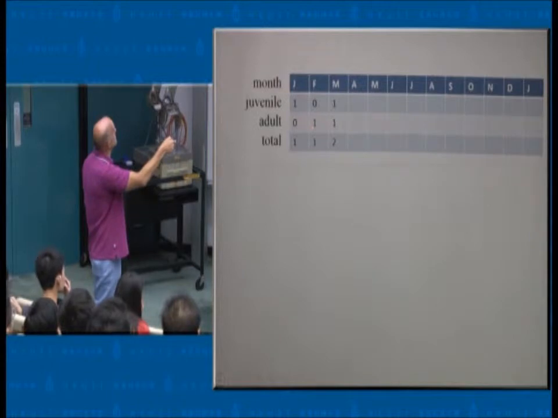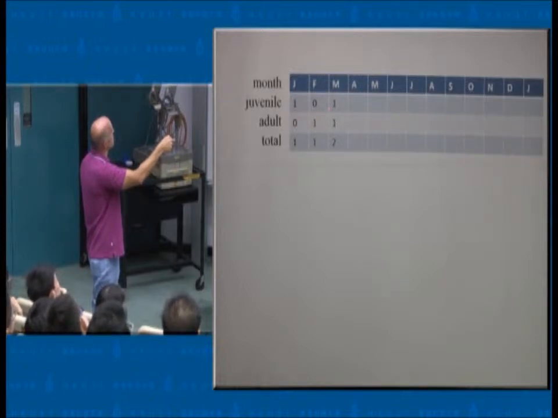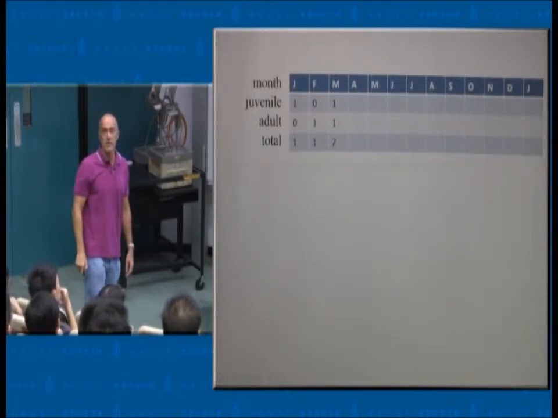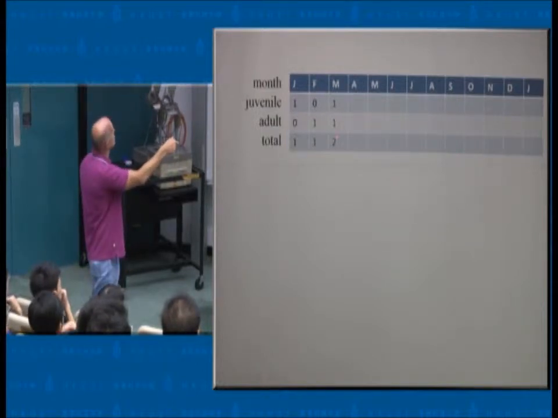Okay? So this pair of adult rabbits, the female, after 1 month of pregnancy, gave birth to a newborn pair. And this adult pair of rabbits is still an adult pair of rabbits, right? Nobody dies. No rabbits die. So now there are 2 rabbit pairs.